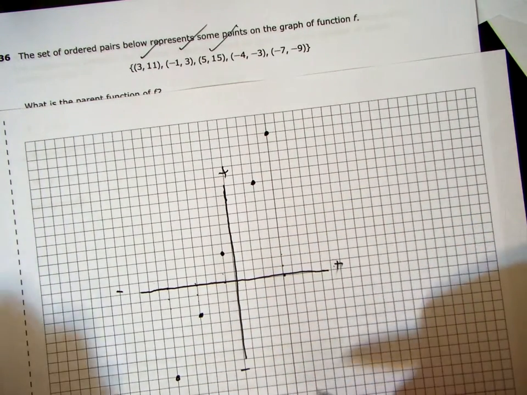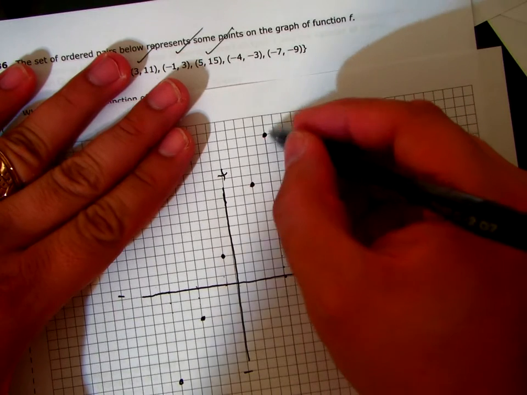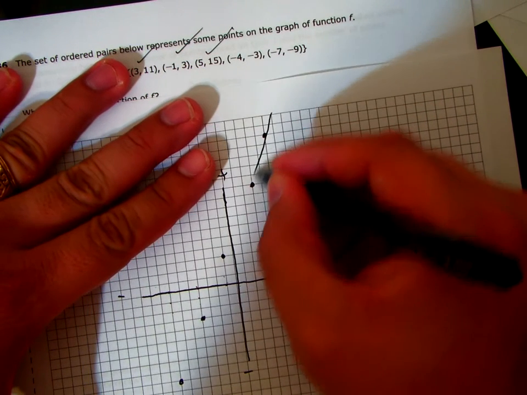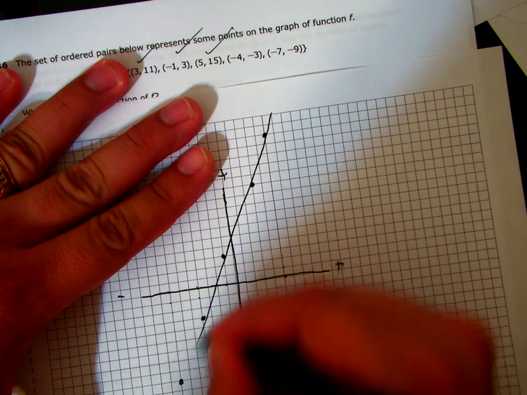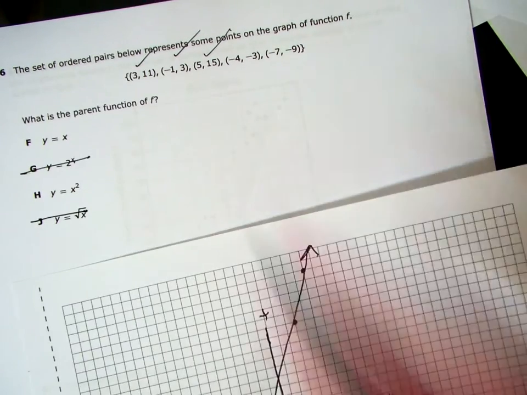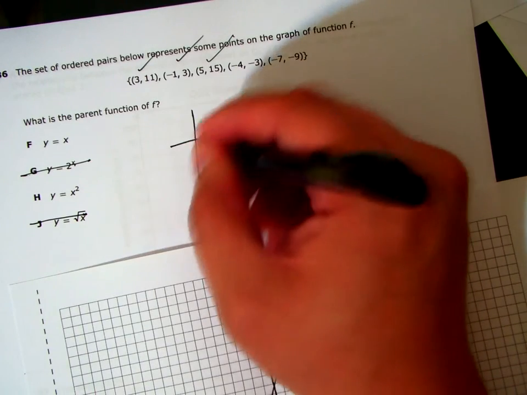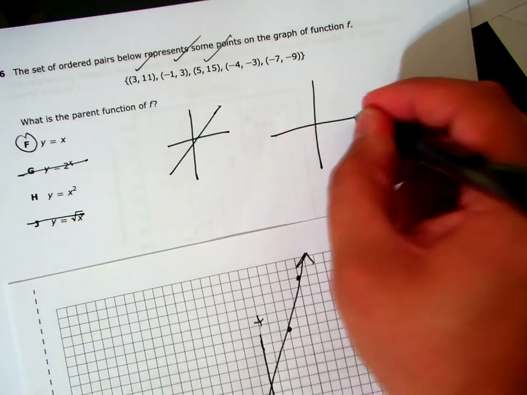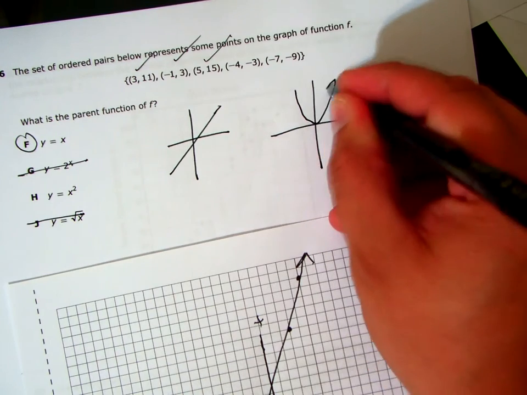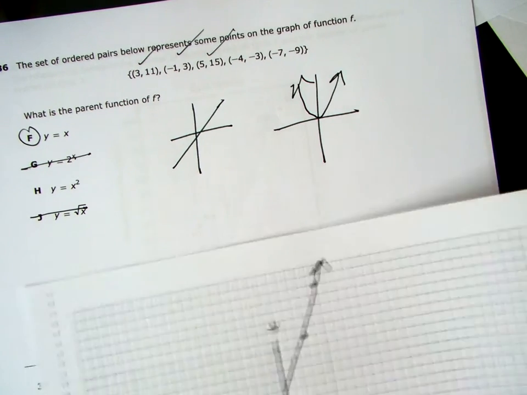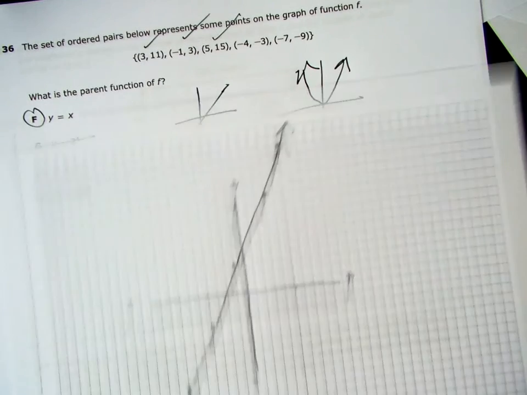So here, if you look at it carefully, it makes a straight line. So the function that looks like a straight line is f. Because h looks like a quadratic, right? This doesn't look like no quadratic.